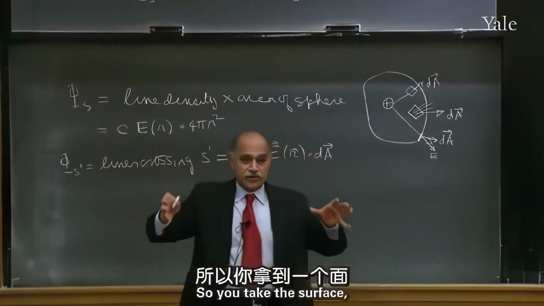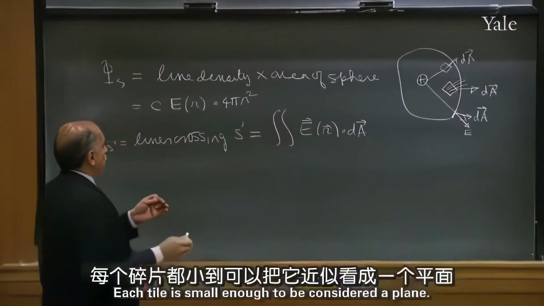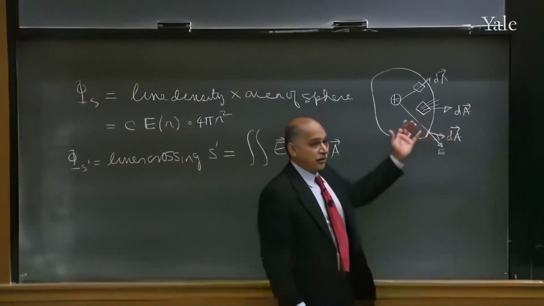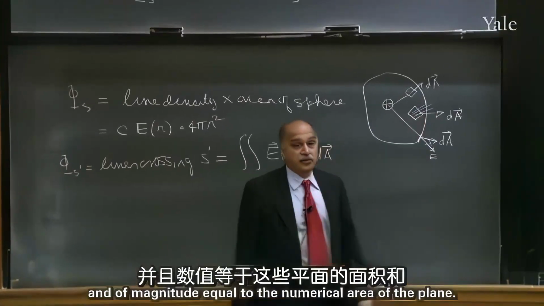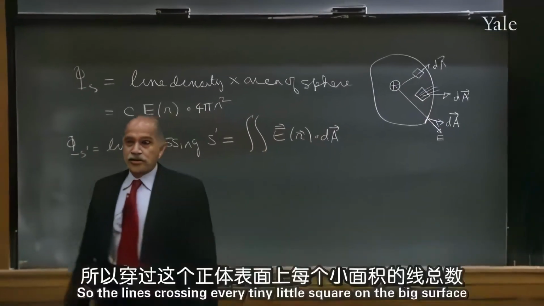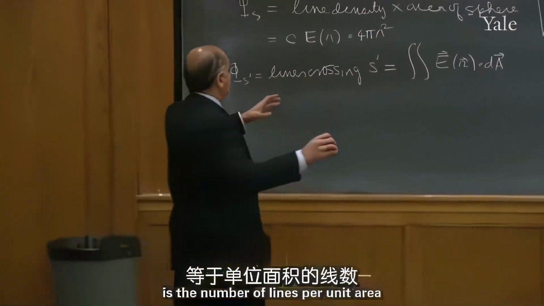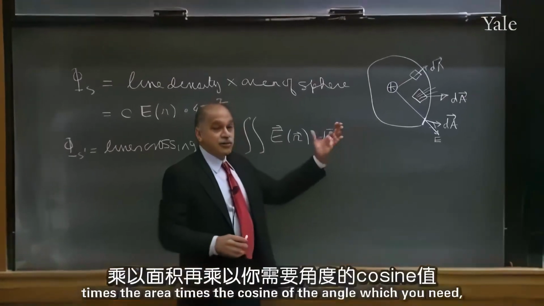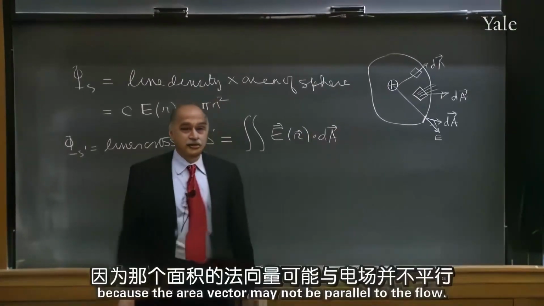So you take the surface, you chop it up into tiny little tiles. Each tile is small enough to be considered a plane. Then the area vector is perpendicular to the plane, outward from the surface, and of magnitude equal to the numerical area of the plane. So the lines crossing every tiny little square on the big surface is the number of lines per unit area times the area times the cosine of the angle which you need, because the area vector may not be parallel to the flow.